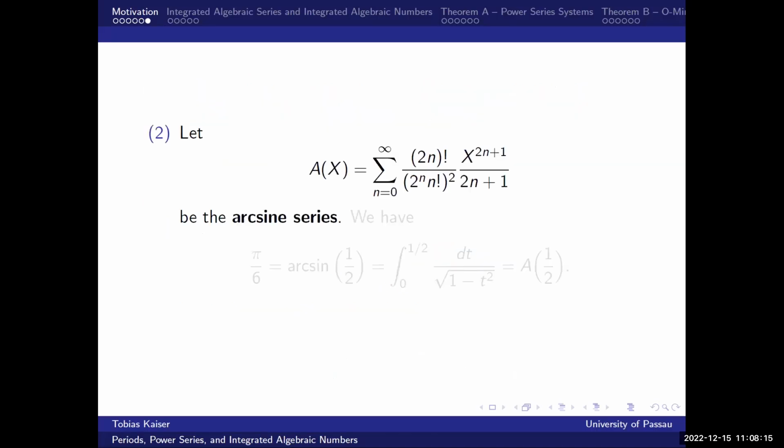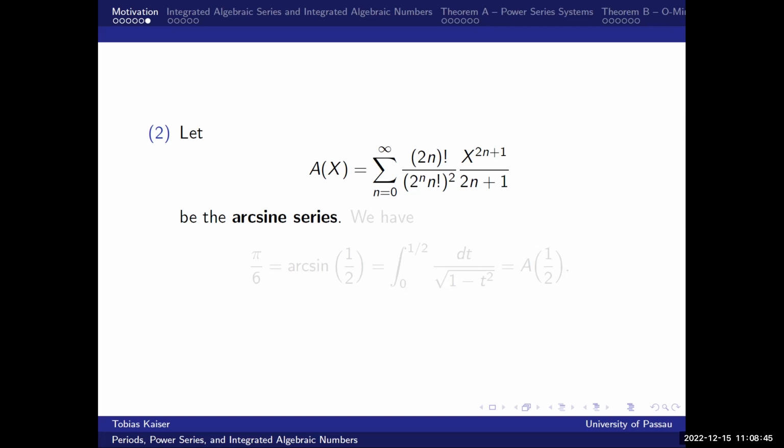Next example, I take the arcsine series. The sine inverse function is the arcsine. Sorry, that's true, but why is it arcsine? Well, the derivative of arctangent is 1 over 1 plus x squared. So we have an antiderivative of an algebraic power series.